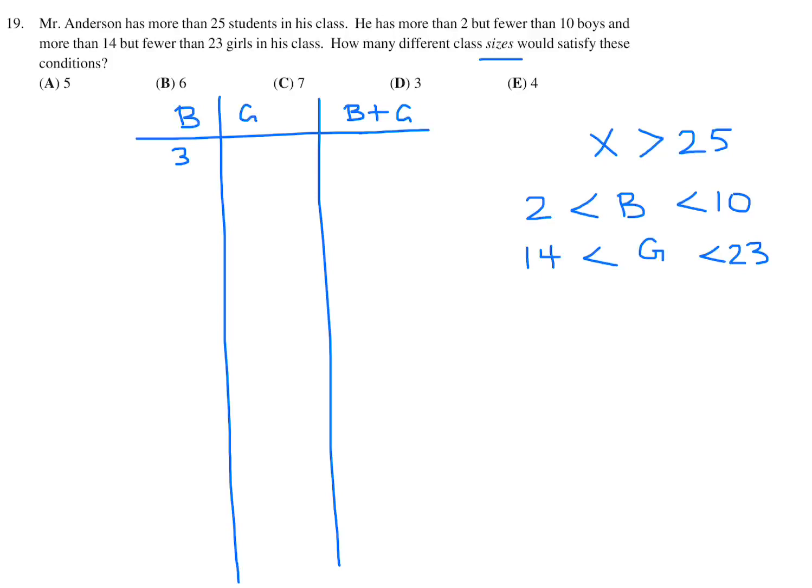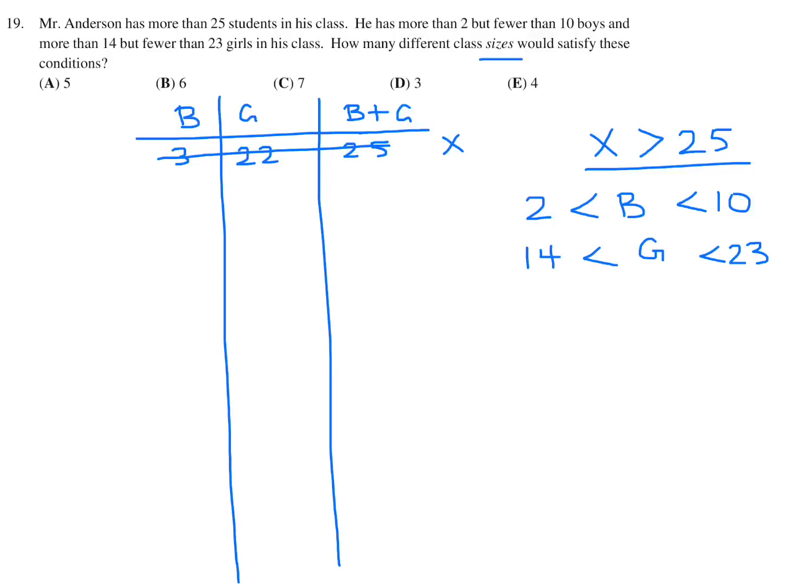And the largest number of girls is 22. So B plus G is 25. Does this fit? And the answer is no, because the class size has to be greater than 25. So this is no good. All right, so cross that out.